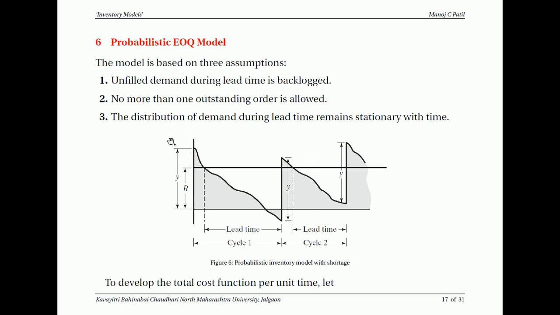Okay, from this we can observe that R is the reorder point. When the inventory level reaches R, the shopkeeper orders Y amount, and due to the random demand, at a certain time point before the order arrives, the inventory level reaches 0.